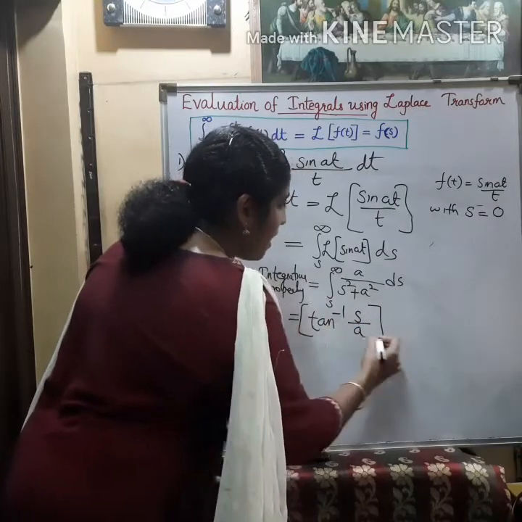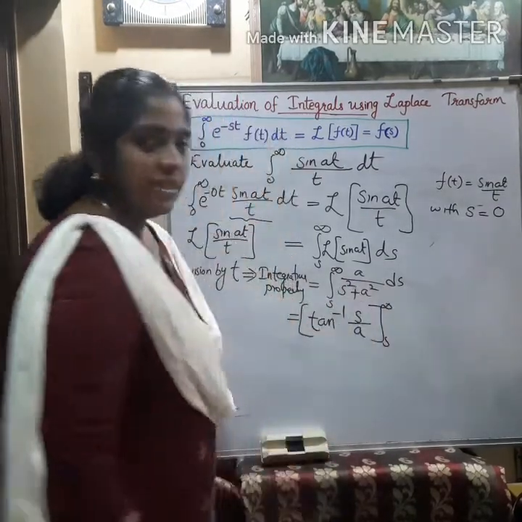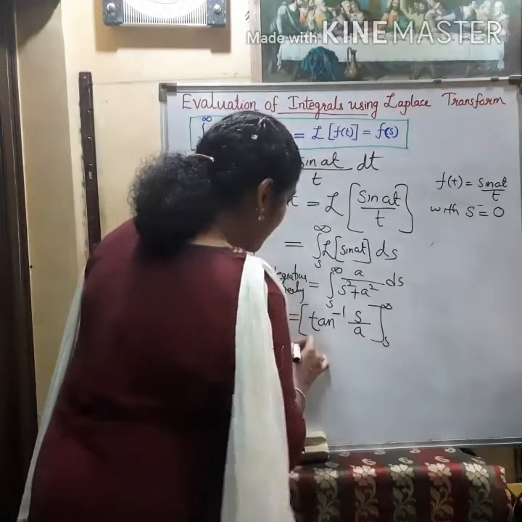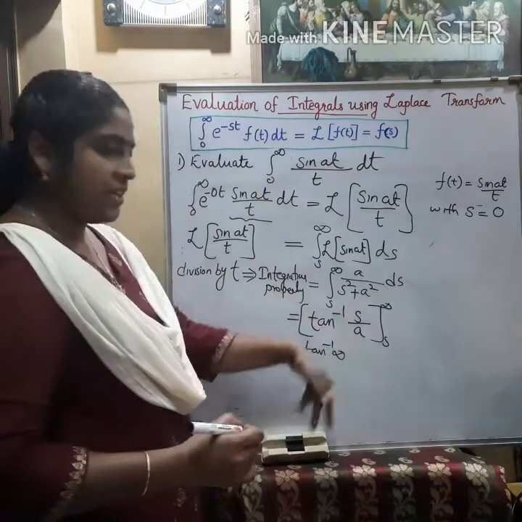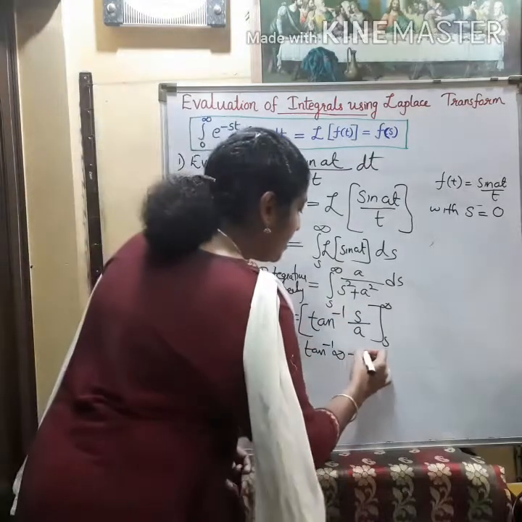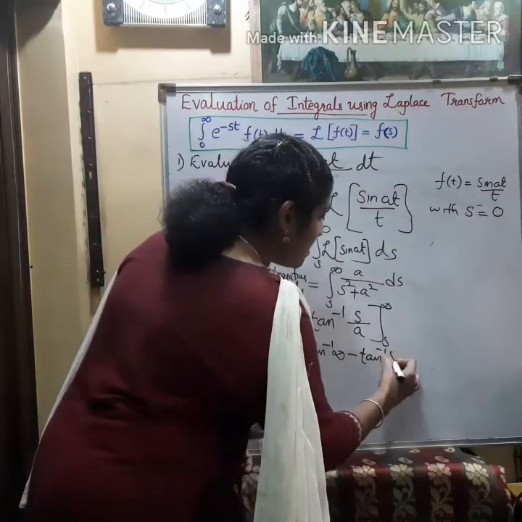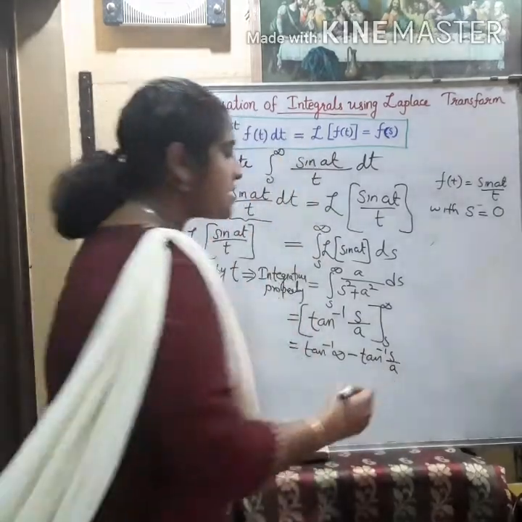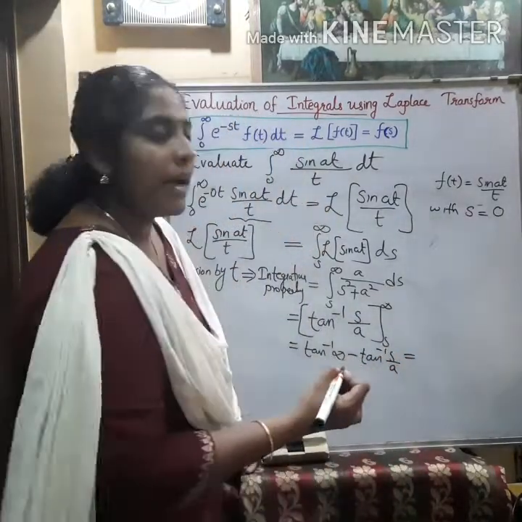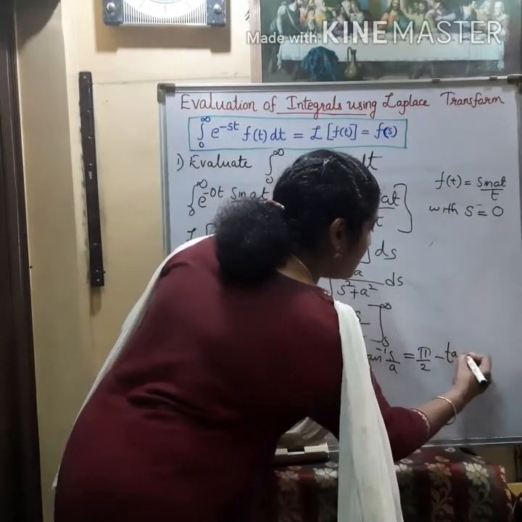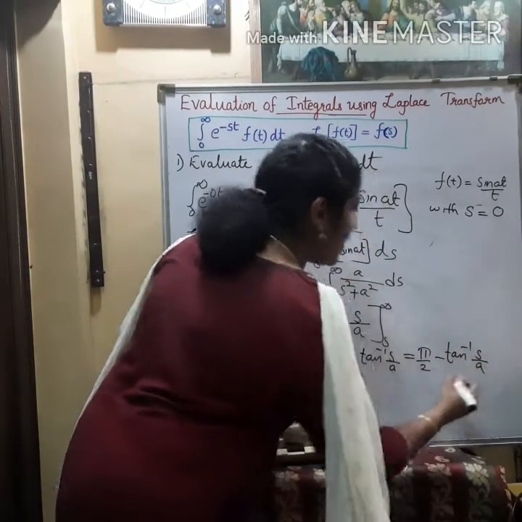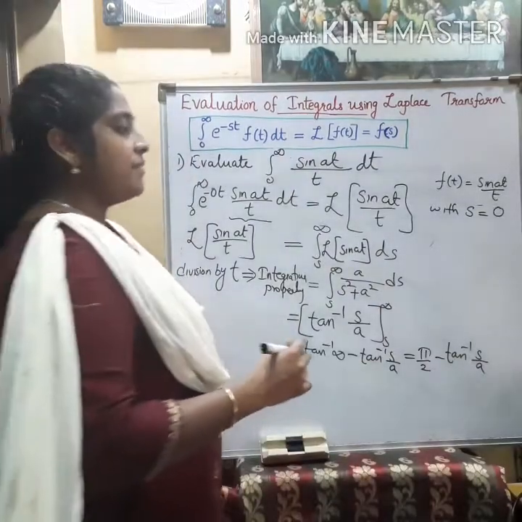What is the limit we have to apply here? S at infinity. So apply the upper limit, then we are getting tan inverse infinity by a, that is infinity, minus tan inverse s by a. What is tan inverse infinity? Pi by 2. Pi by 2 minus tan inverse s by a.